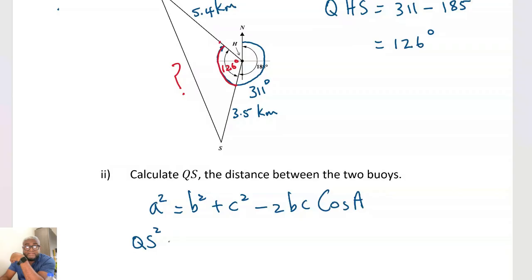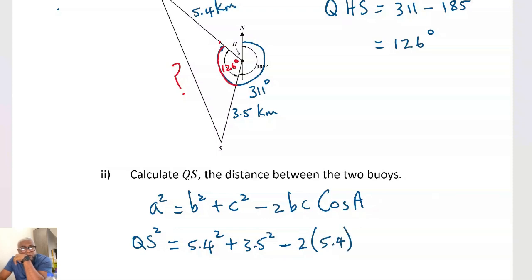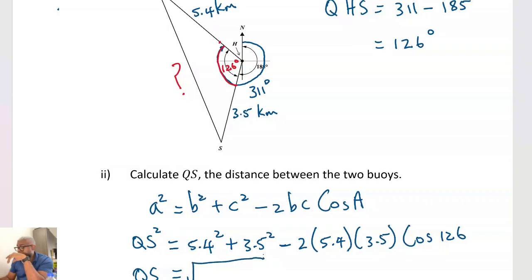QS. So QS squared is equal to, give me B. 5.4 squared plus 3.5 squared, minus 2 by 5.4 by 3.5, cos of capital A, the only angle, 126. So QS will be equal to the square root of what?